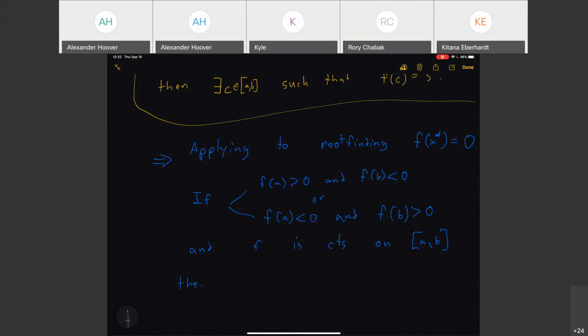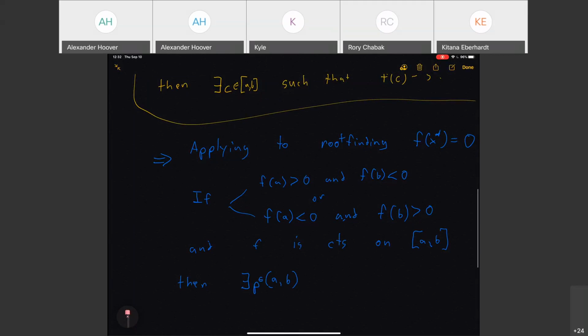then there exists a p in [a, b] such that f of p is equal to 0.